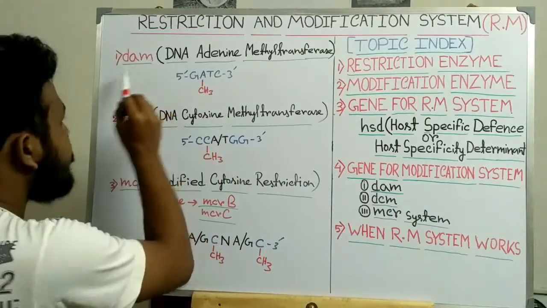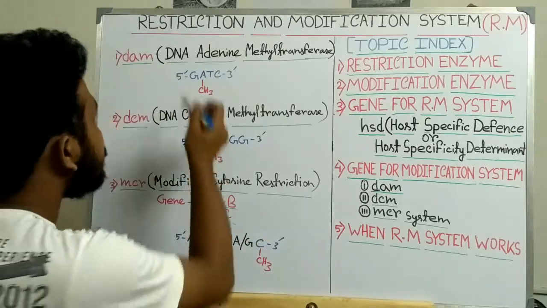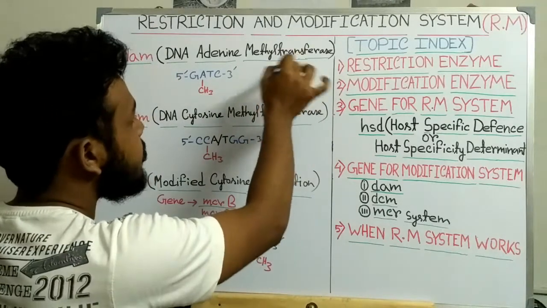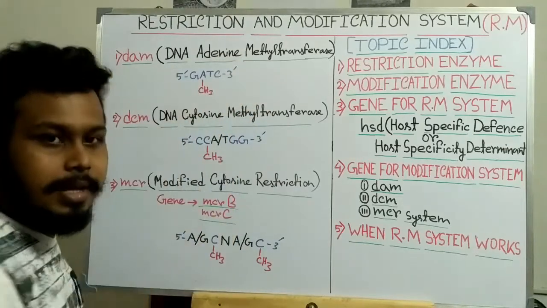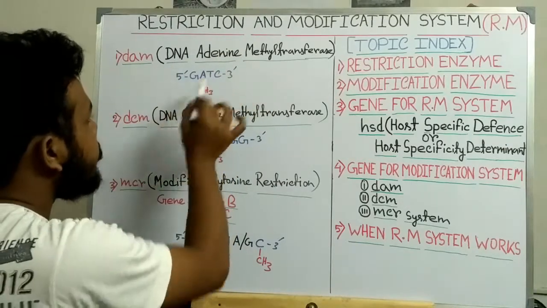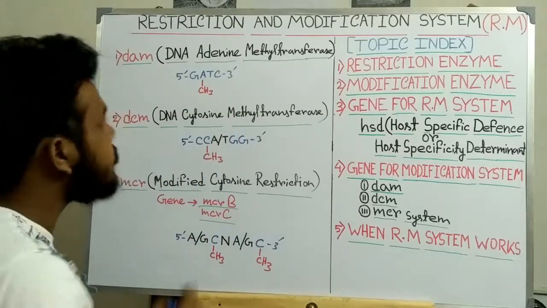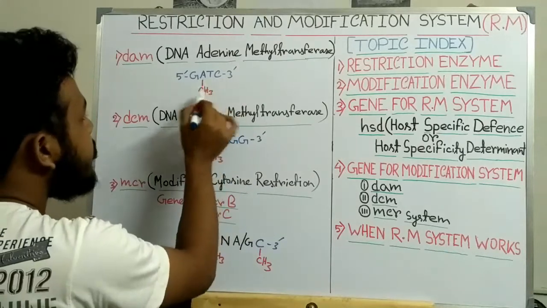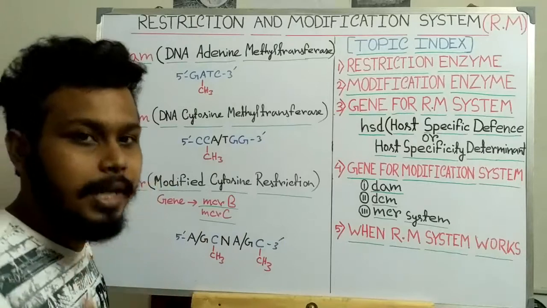The DAM gene product is the DNA adenine methyl transferase. This enzyme is a methyl transferase enzyme, and this enzyme recognizes the GATC sequence, and then after recognition they add a methyl group in the adenine, and in this way they modify the DNA.